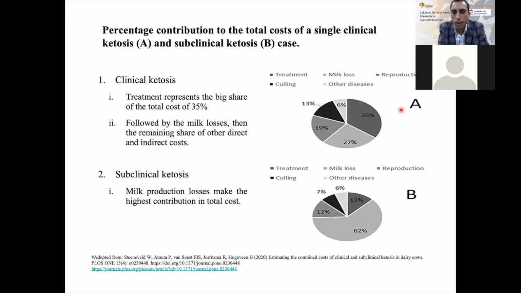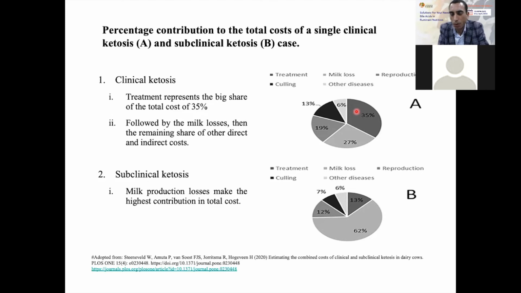In the first one, in A, we have one clinical ketosis, and here we can see the treatment contributes 35%, almost 1/3 of the total cost, followed by the cost of loss of milk production, and then the contribution of reproduction, culling and other disease.